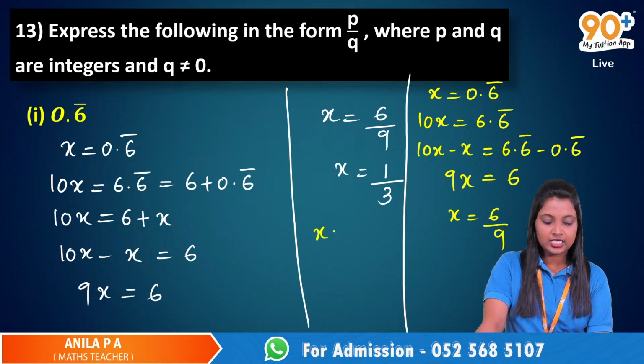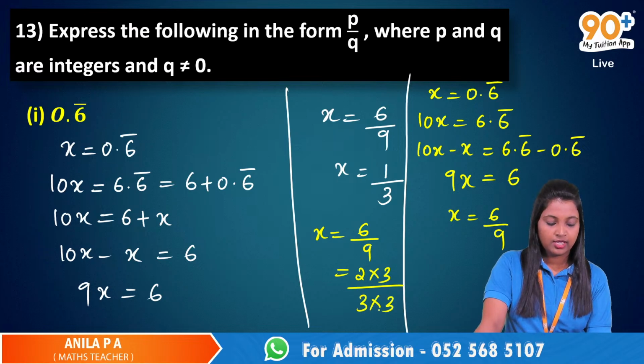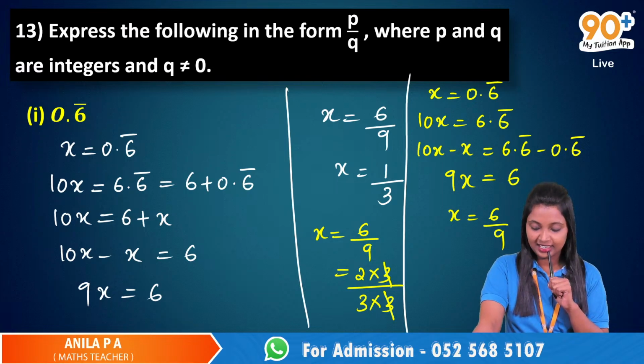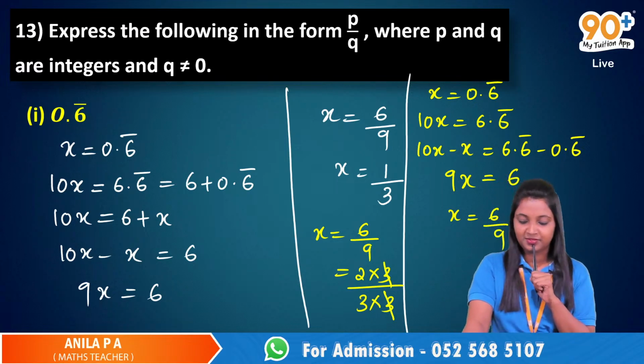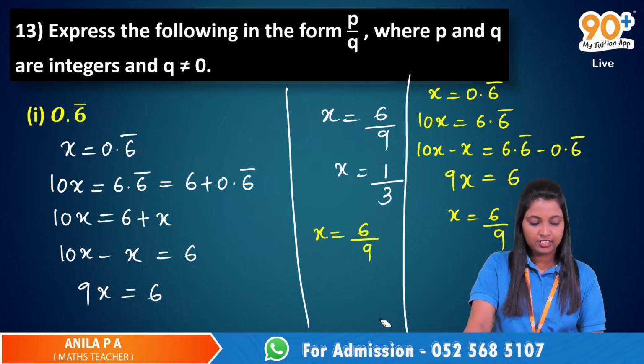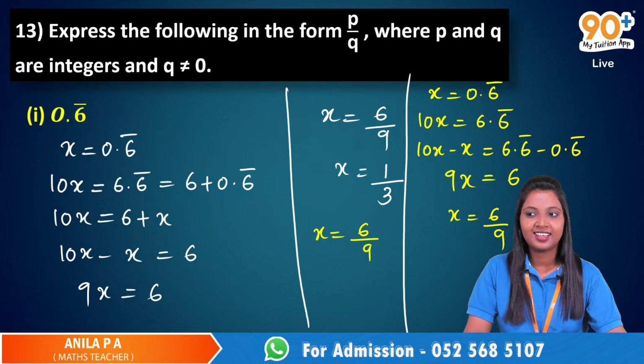Okay, x is equal to 6 by 9 and I can write the 6 as 2 into 3 and 9 as 3 into 3. When I cancel 3 from both numerator and denominator, is it 1 by 3? I'm using the 3 table in this one. Okay then, 6 by 9. You are cancelling both 6 and 9 using 3, right?